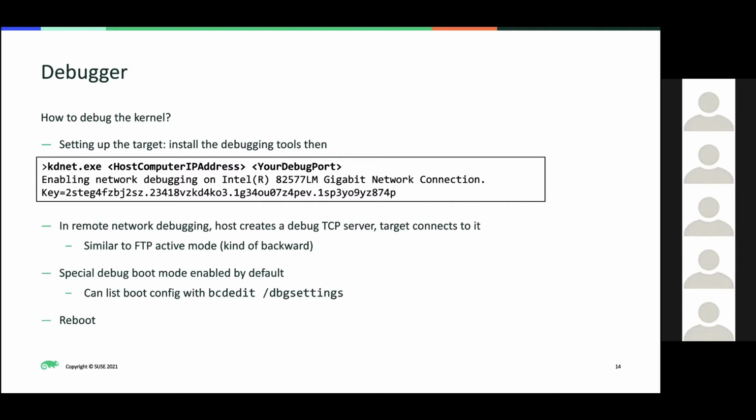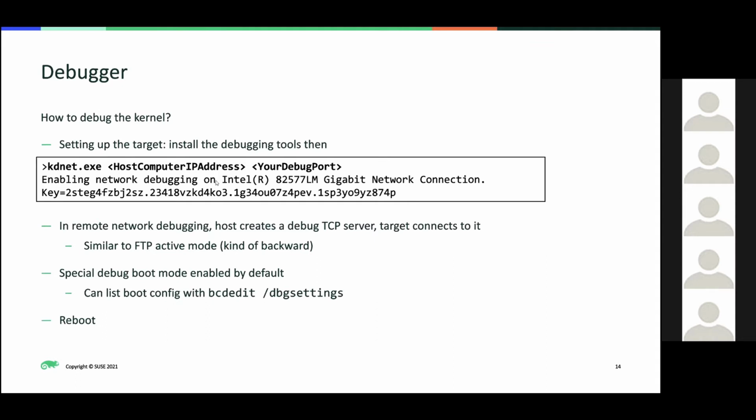Okay, so on your host machine, you run your debugger. On the debugged machine, you install a specific package of debugging tools, which includes the KDNet executables. You need to set it up, so you run KDNet on your debuggee. You put the IP address of the host machine, which is running your debugger, and the port the machine is listening on.